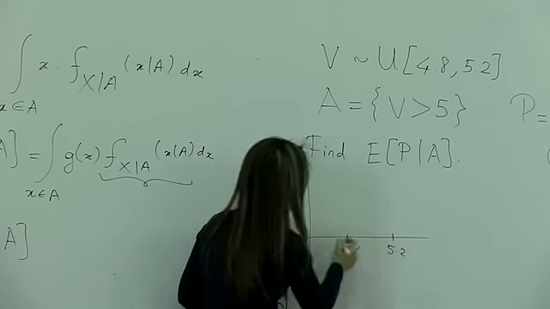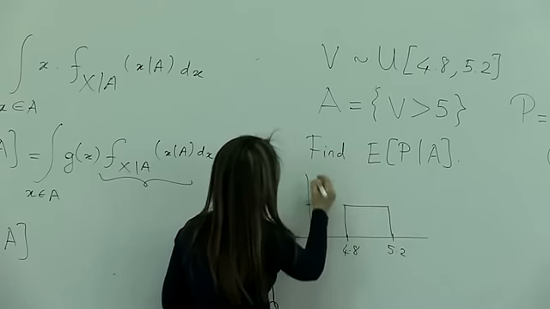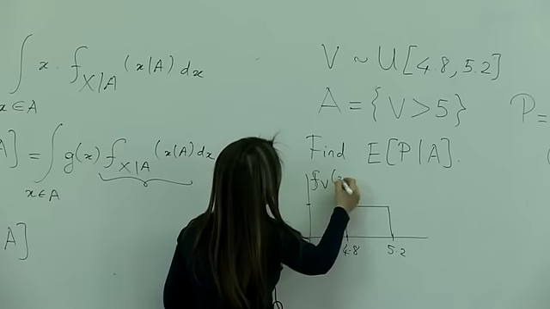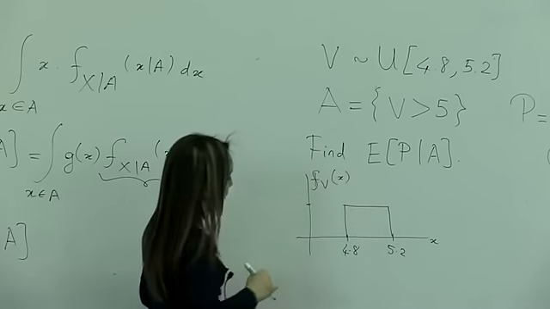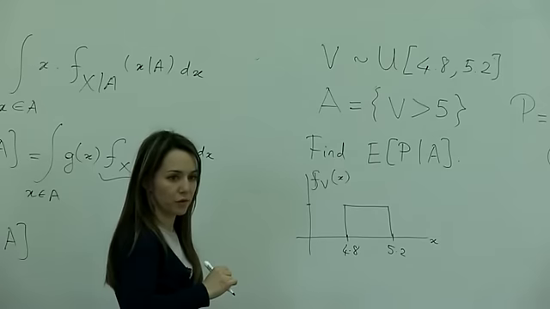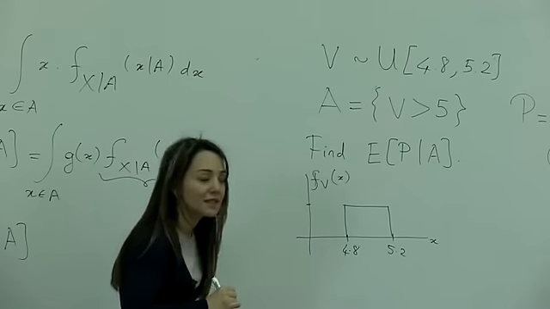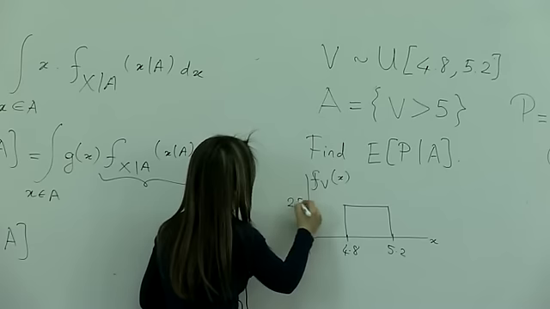It's uniform between 4.8 and 5.2. This is f_V of x, let's say, as a function of x. What is the height here? 1 over 0.4, which is 2.5. Right.